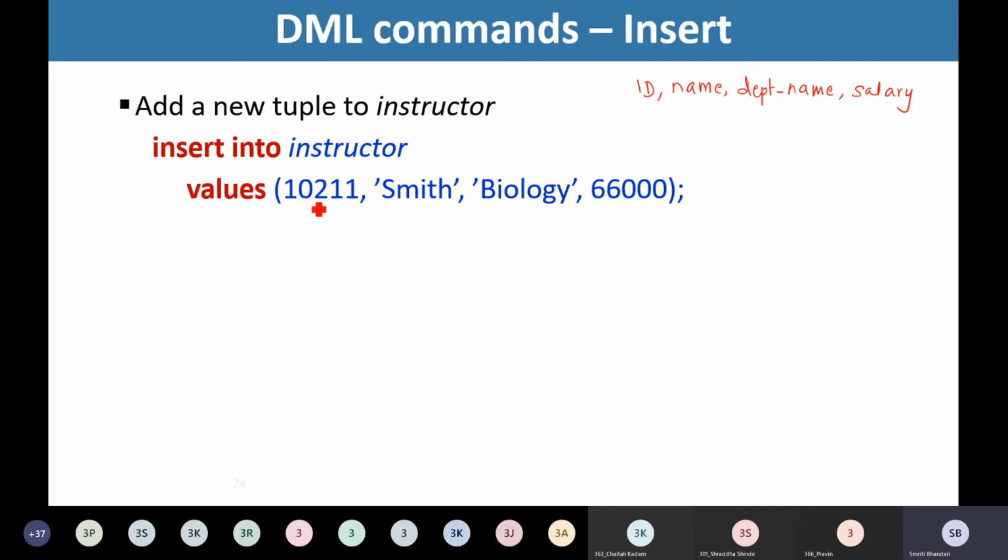So first comes ID, so we have the value of ID. Then next is name, the name of the instructor, then department name and salary. All the values are separated by commas, right? So these are the four values for these four attributes that we would like to insert in the instructor table. Okay, so this is how we may give the insert statement.